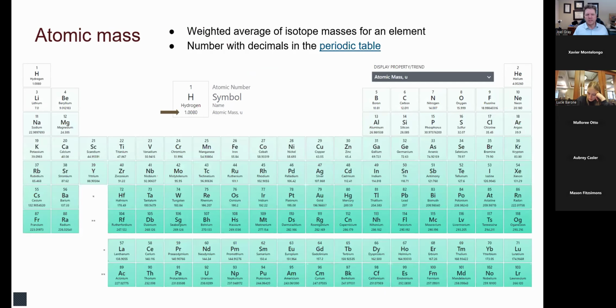Now, one of the things that is always tricky is if we see something like carbon 12.0111, or if you pull up another periodic table, you might see 12.0. You might see 12.01. You might see 12.000000009. A fair question is why?